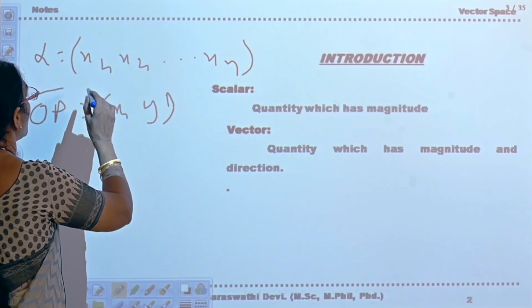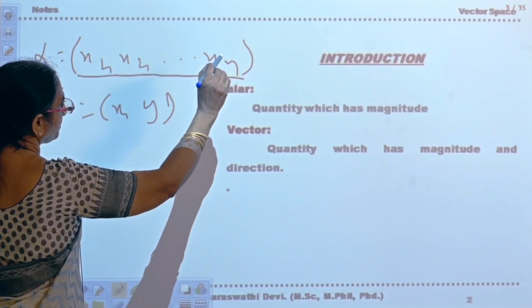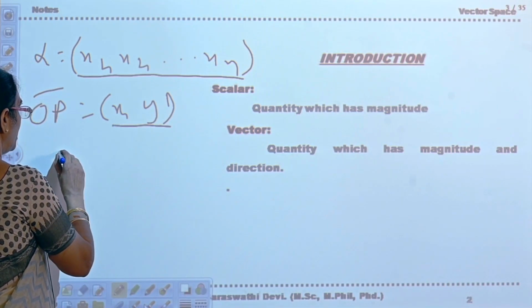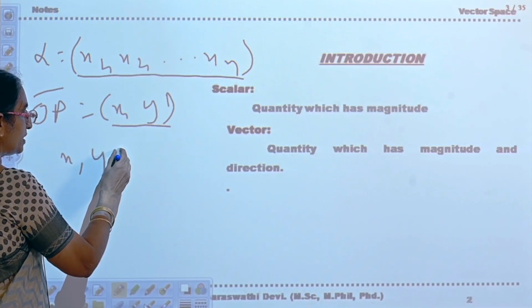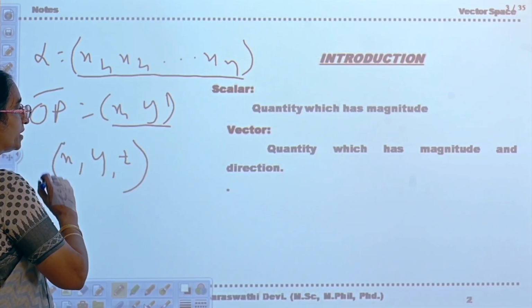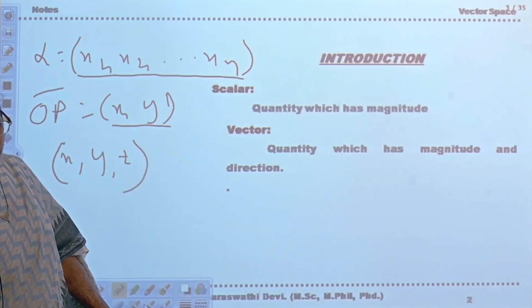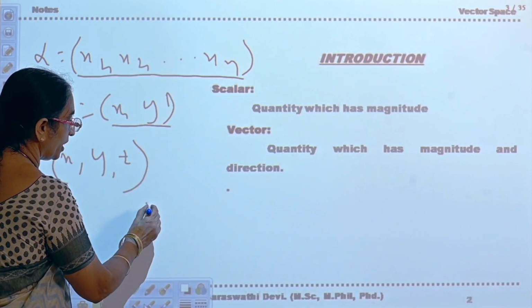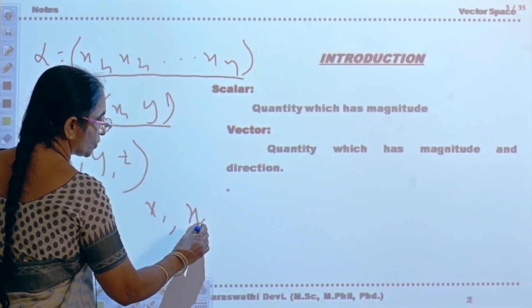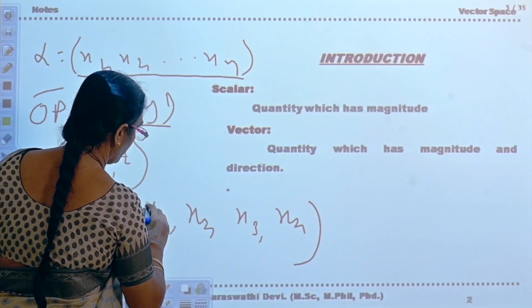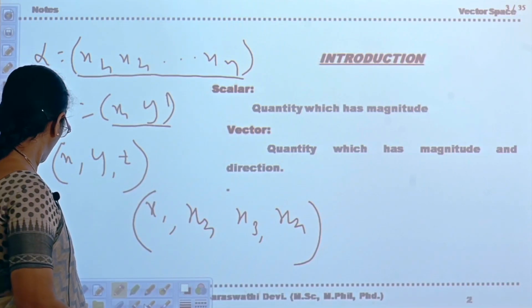This is called an ordered n-tuple. This is an ordered pair. If you write (x, y, z), it is said to be an ordered triad. If you write (x1, x2, and so on up to xn), it is an ordered n-tuple. Similarly, you can write (x1, x2, x3, x4); this is also a vector of fourth dimension.